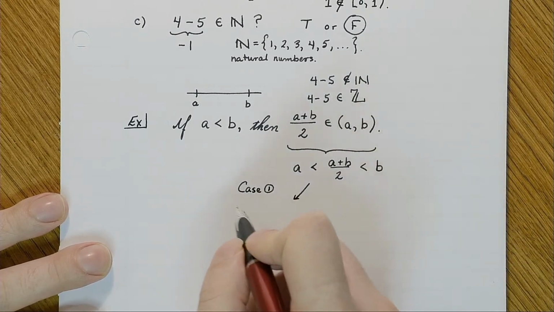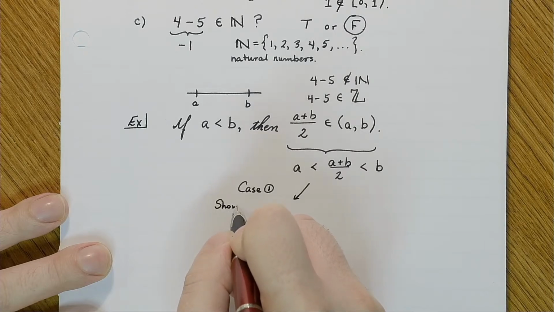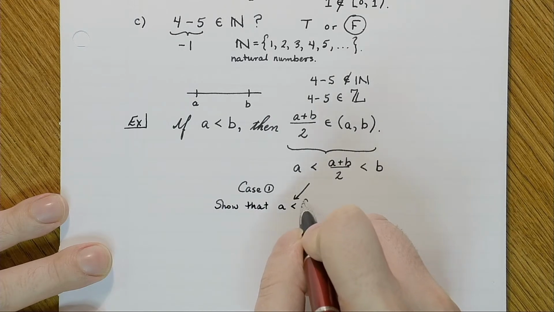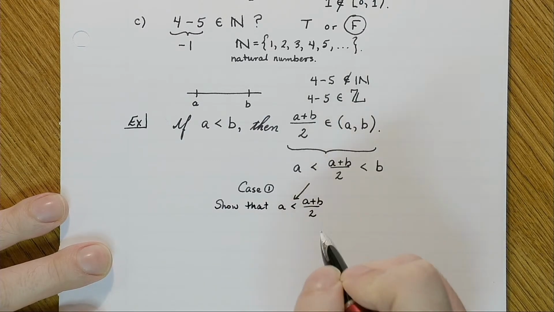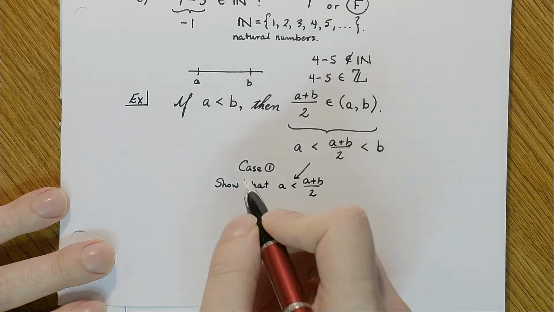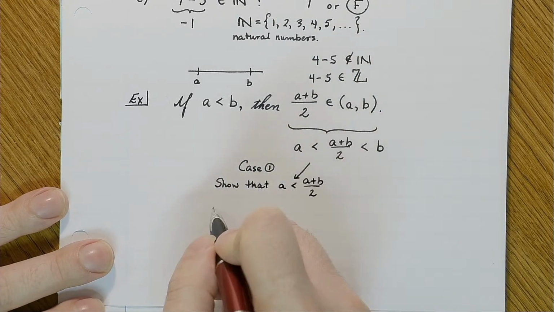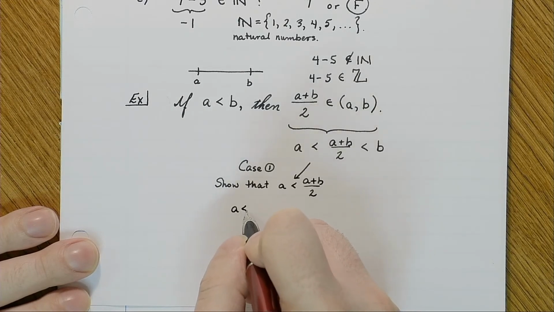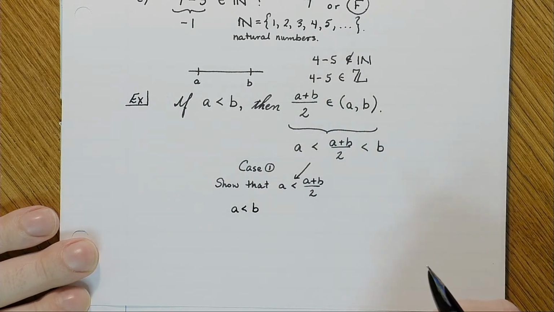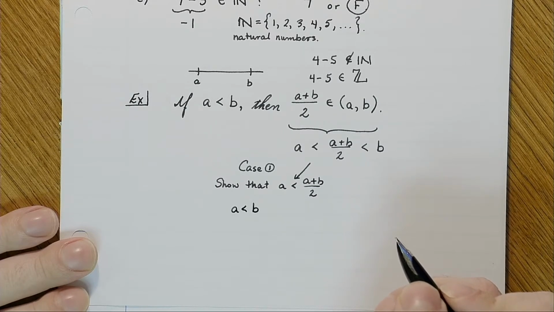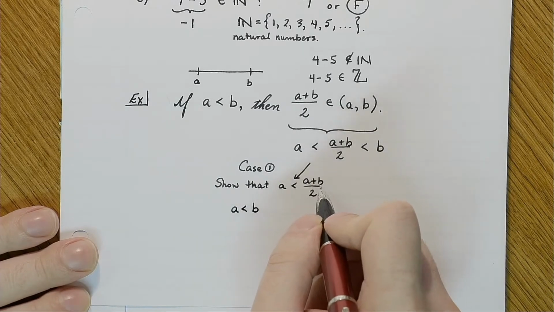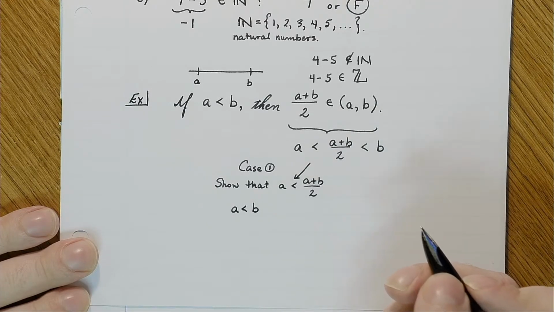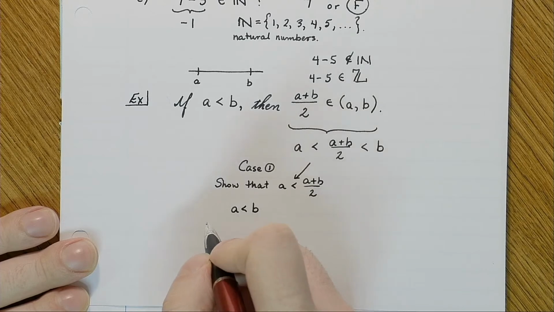So in case 1, we need to show that a is less than (a plus b) over 2. We start off with our starting assumption, which is a is less than b. The next thing, because we're trying to manipulate it so that it looks like this at the top, is to add a on both sides.